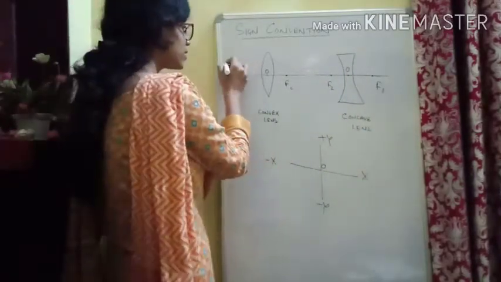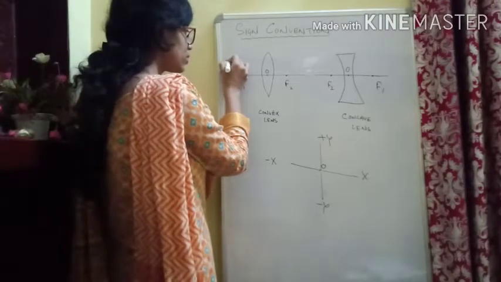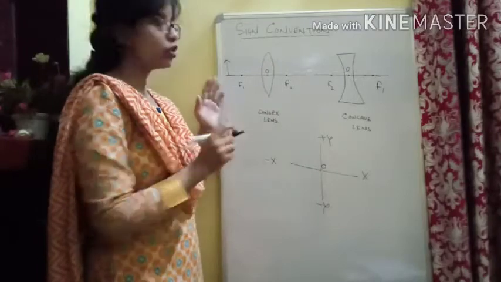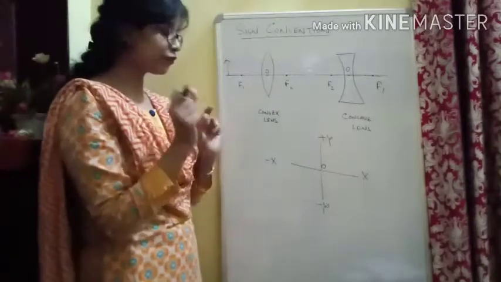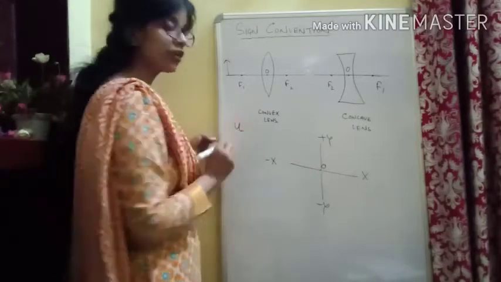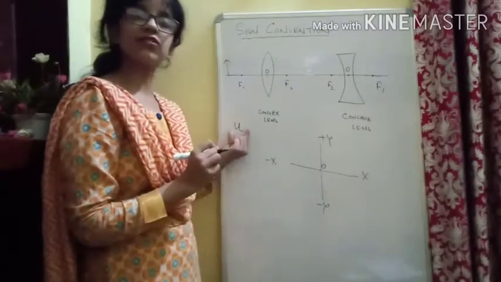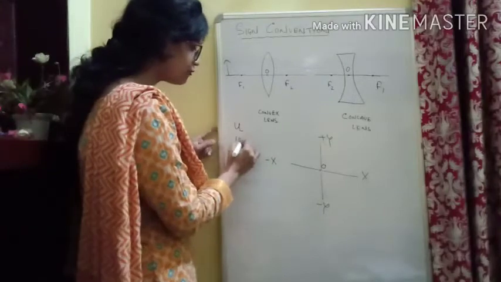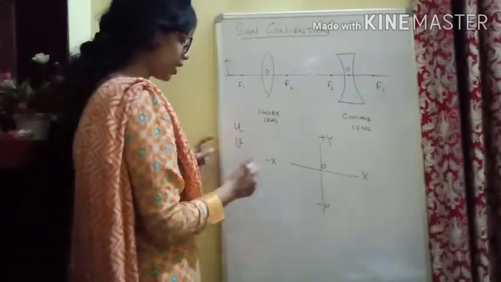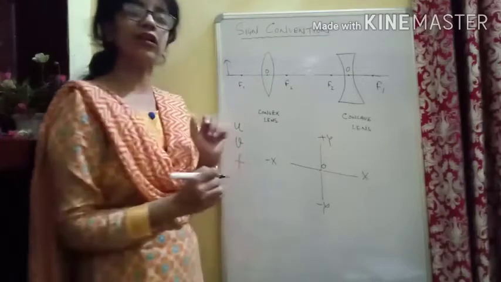Like if we are placing an object here on the left hand side. Let me recall once again that the distance of object is denoted by small u, small v is the distance of image where the image is forming, and small f is your focal length.